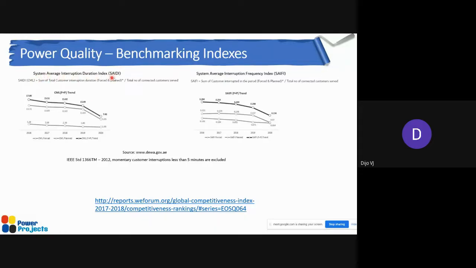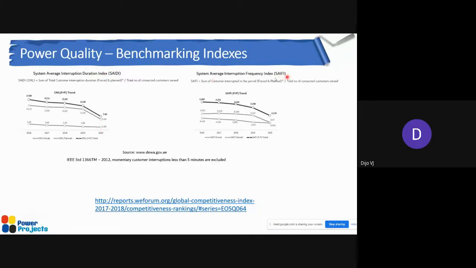One index is SAIDI, another one is SAIFI. SAIDI is the System Average Interruption Duration Index. Per year, how many minutes of interruption is expected in the system for a particular consumer? On average, for a consumer, how much interruption is expected or has happened in the system. That is what it is.